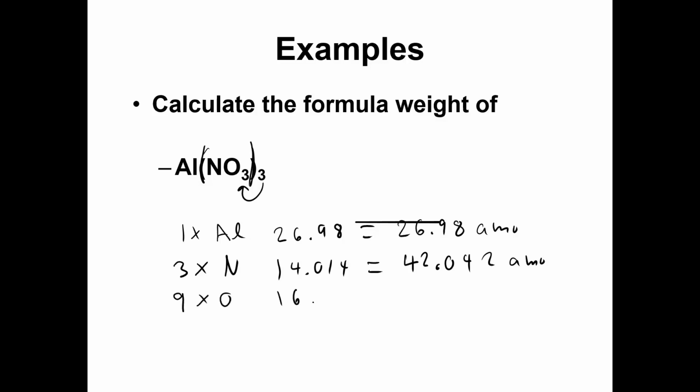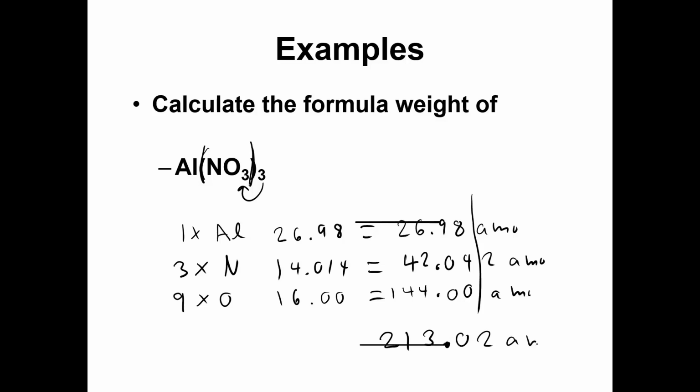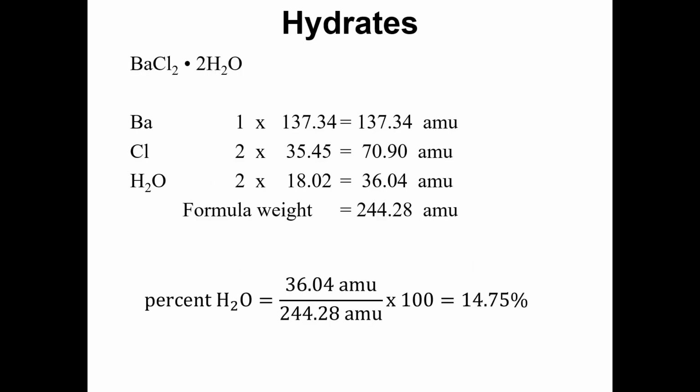Each oxygen is 16.00 AMU, and the total here is 144.00 AMU. The cutoff for sig figs is here. Our answer is 213.0 AMU. Oh goodness, second glitch. Moving on to the last one. Oops, that was the last one.